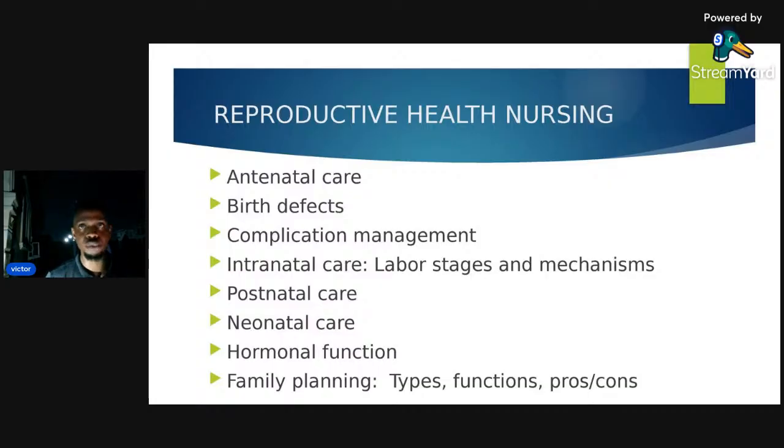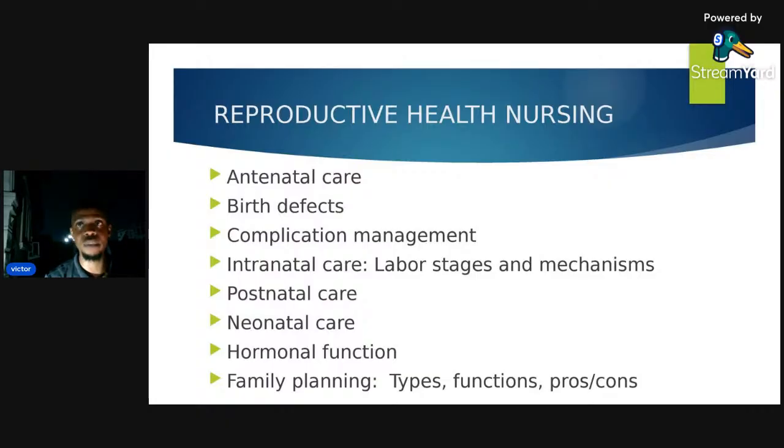So the person won't be able to reproduce, and they usually do this for someone who has given birth to his desired amount of children. For example, I want to give birth to 5 children. After I've given birth to 5 children, I can go for vasectomy as a male. So that is family planning, the surgical aspect of family planning.